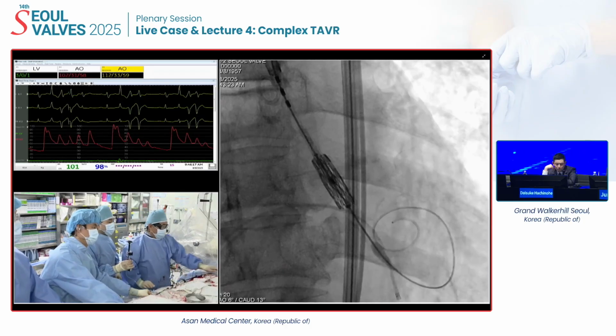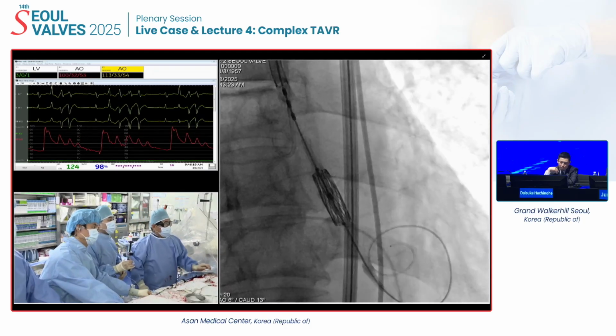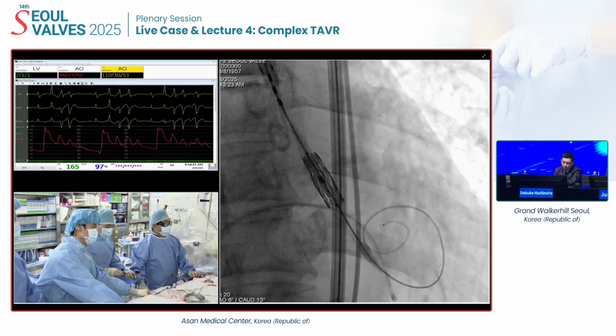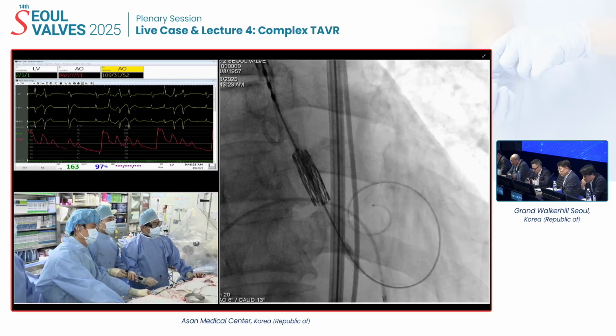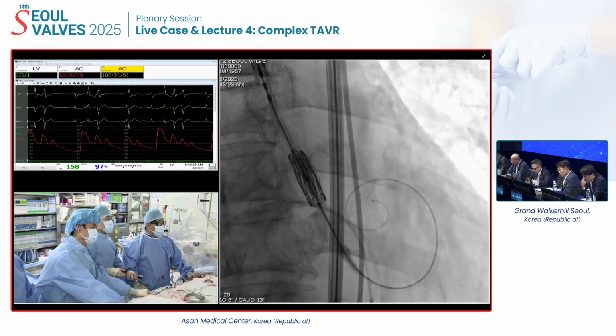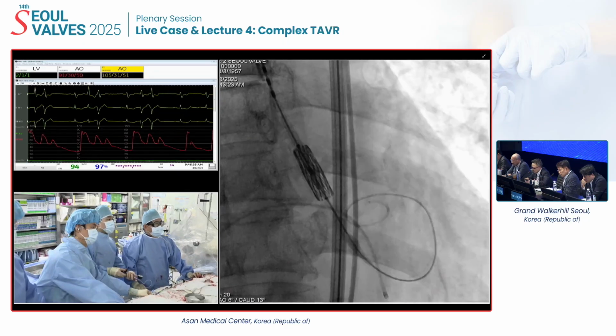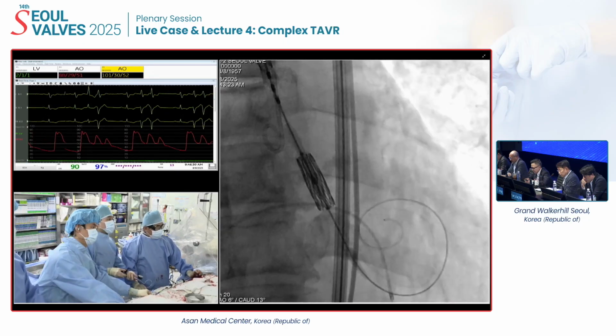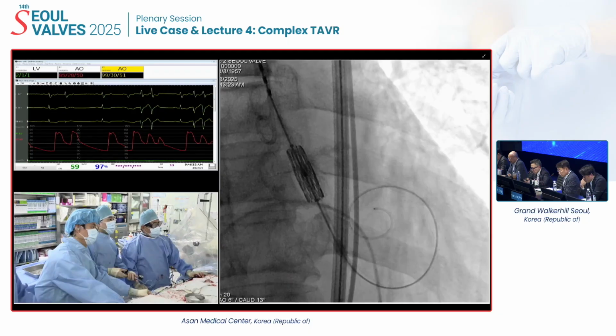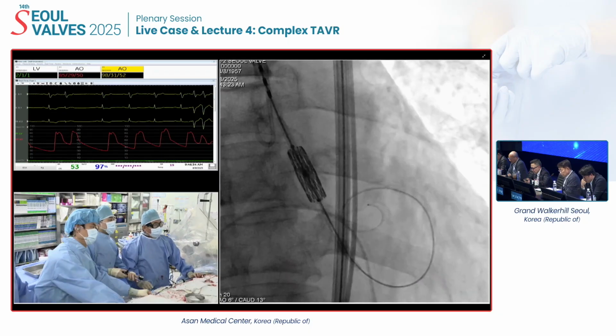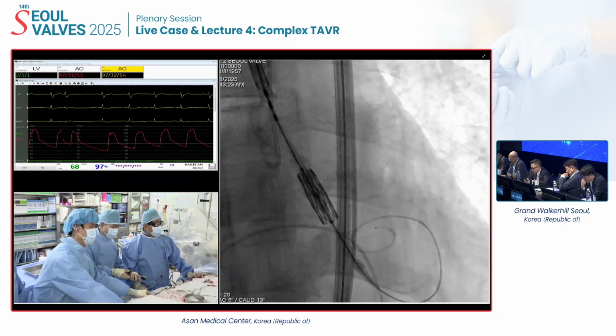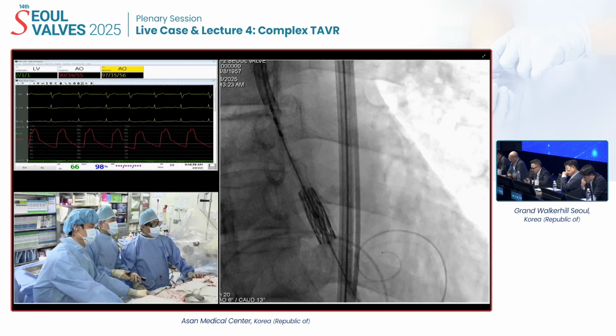But regarding safety, I try shallow, but not that shallow. In addition, our sizing is a little bit undersized for the valve, and selecting the undersized valve would minimize the risk of permanent pacemaker in the future.